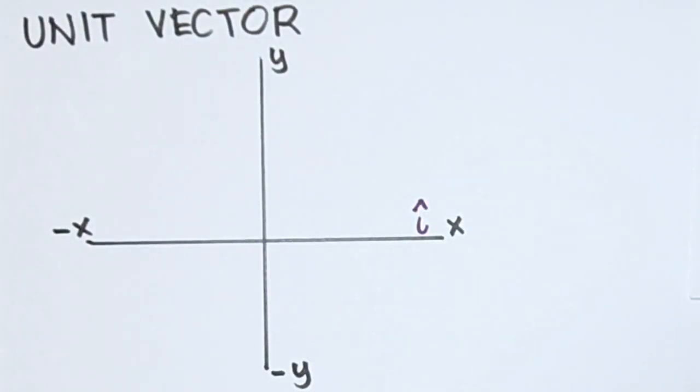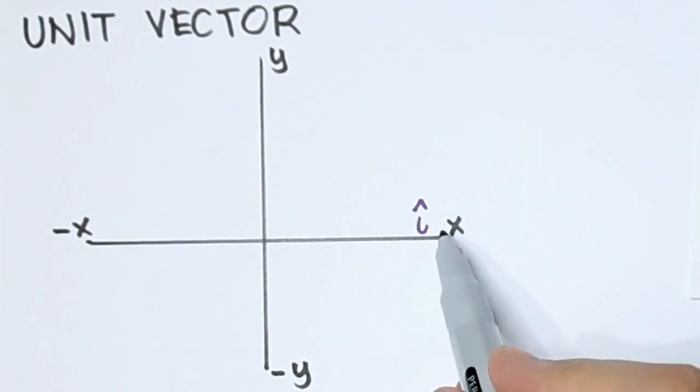Again, a unit vector has a value of 1, and it is used to point for a direction. If I have a vector that is 5 meter per second east, I will write it in unit vector as 5 meter per second i hat.